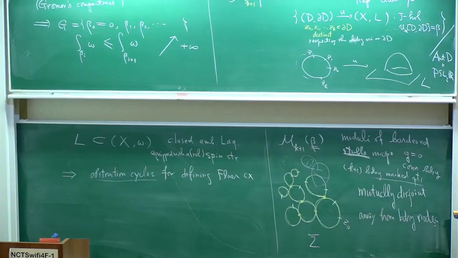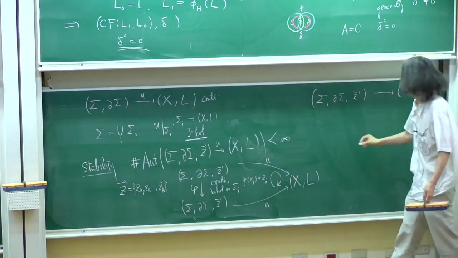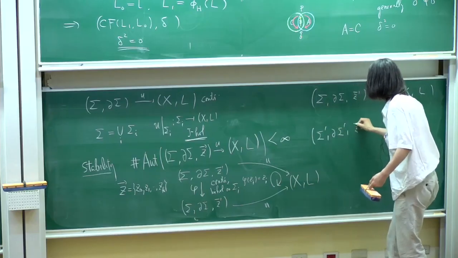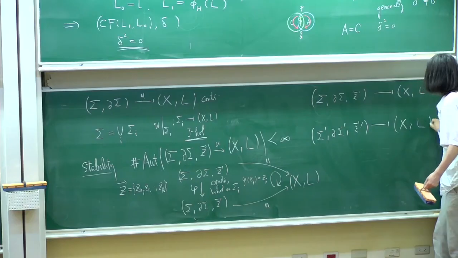So here, the equivalence: you consider two things. Sigma, d sigma, and the z vector going to X_L, and then here you have sigma prime, d sigma prime, and z prime going to X_L. U and U prime.